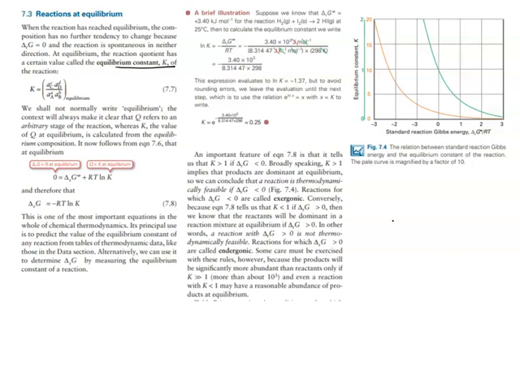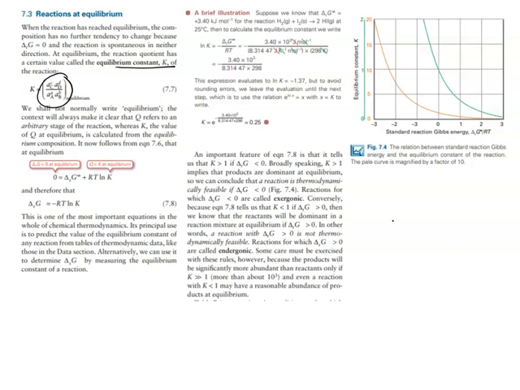We'll not normally write equilibrium. The context will always make it clear whether Q refers to an arbitrary stage of reaction, because Q is the same ratio of products to reactants adjusted for stoichiometric coefficients, but it refers to any arbitrary stage in the reaction, including equilibrium, whereas K, the value of Q at equilibrium specifically, is calculated from equilibrium composition.